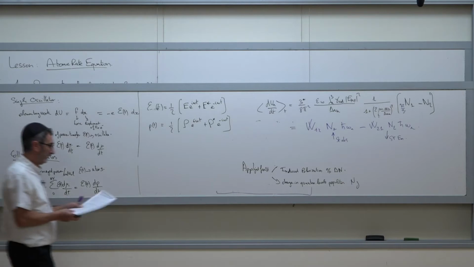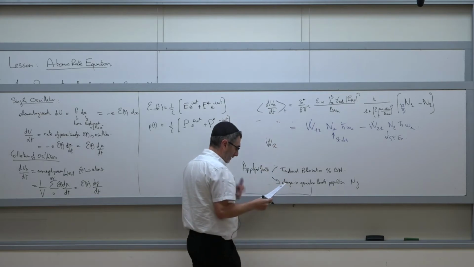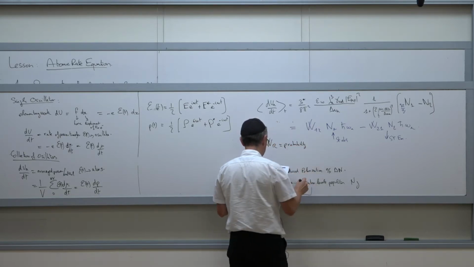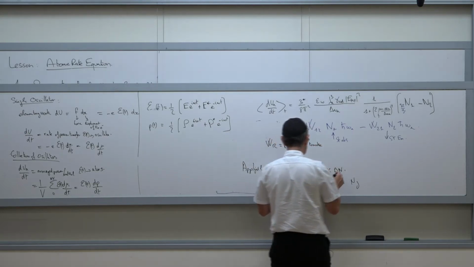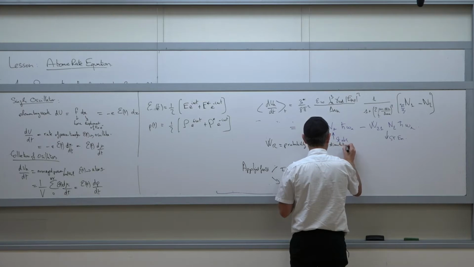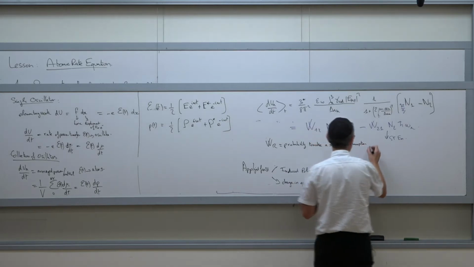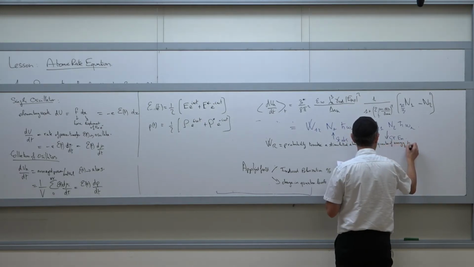And here, if I want to put names, W12 is the probability to make a stimulated absorption of the quantum of energy h bar omega a.